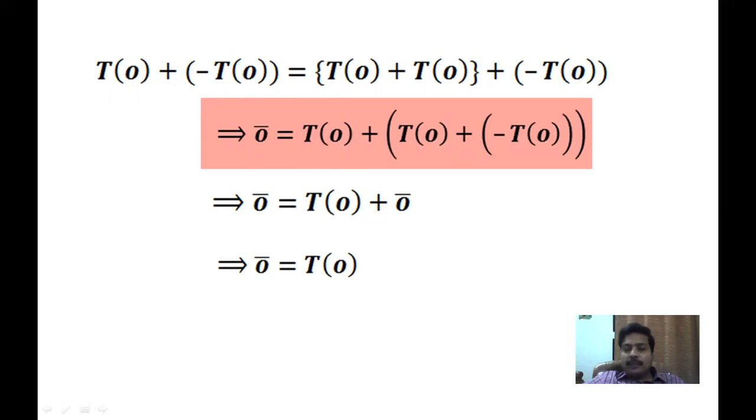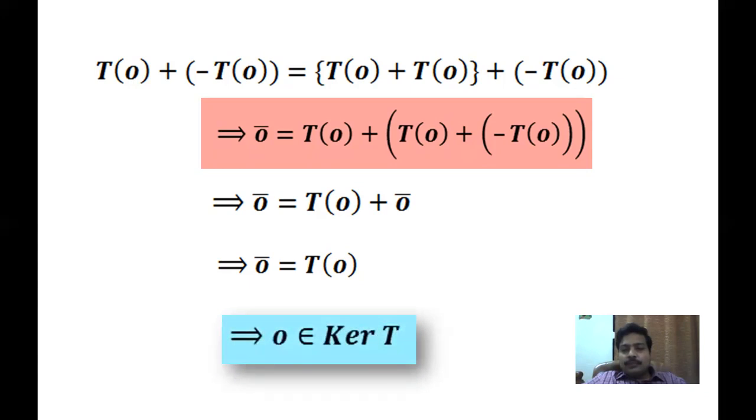That means the zero vector of V is mapped to the zero vector of W through a linear transformation T. So this zero vector of V is mapped to the zero vector of W. That's why I can say that O is in kernel T. Kernel T is the set of all such vectors which are mapped to O bar.